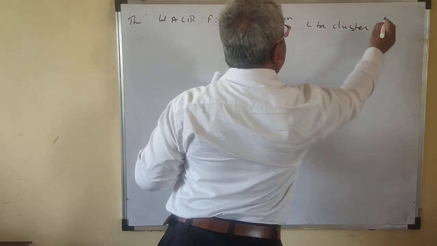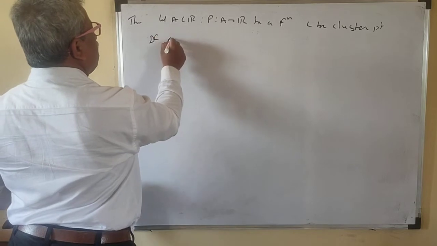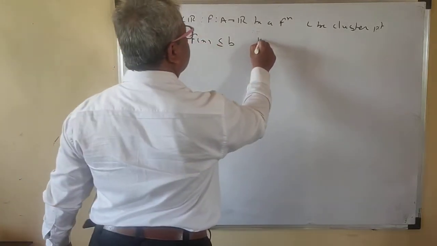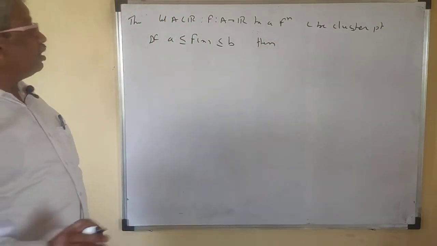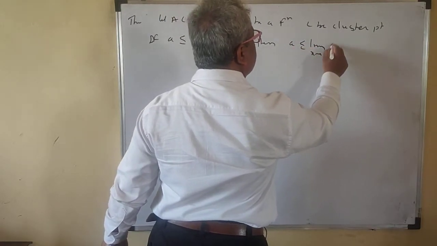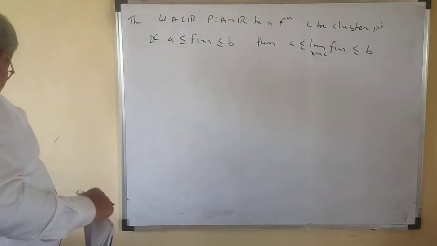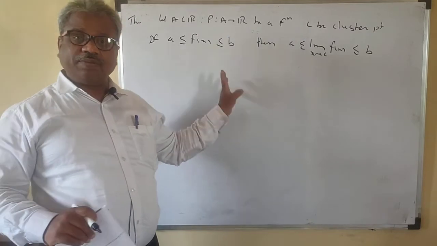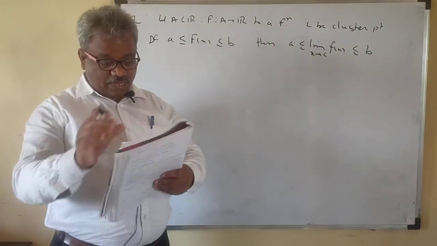If A is less than f of x less than B, that means all values of the function lie between A and B, then A is less than or equal to limit x tends to C, f of x less than or equal to B. This is a very important theorem, right? So the limit also lies between A and B. Your function value lies between A and B, so the limit of x tends to C also lies between A and B.